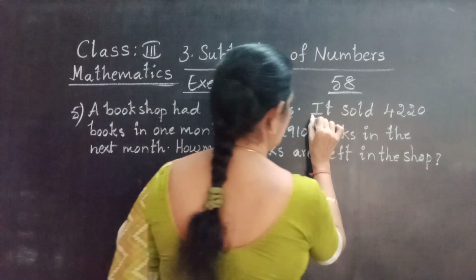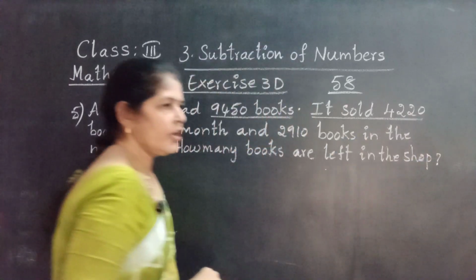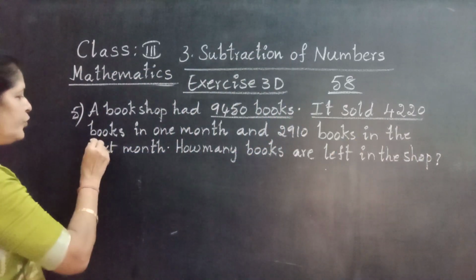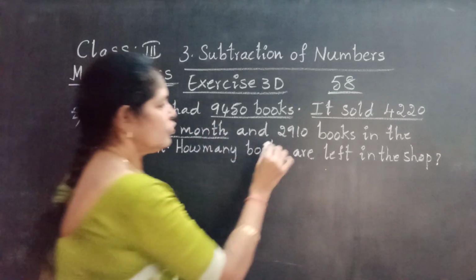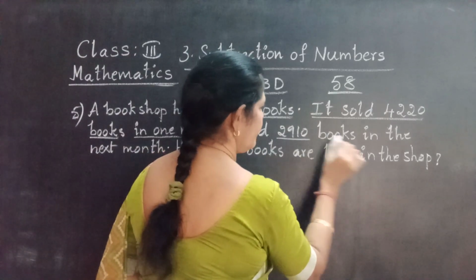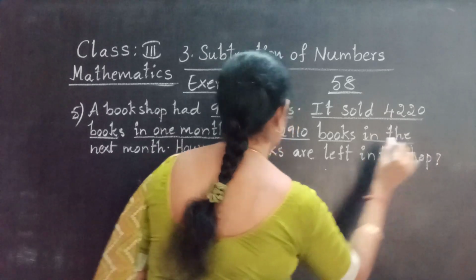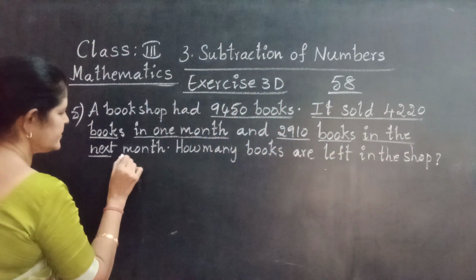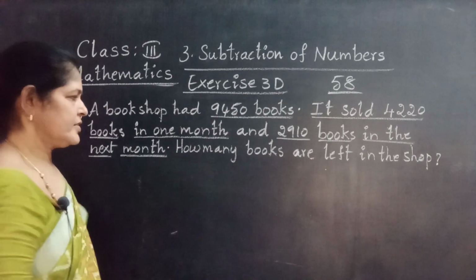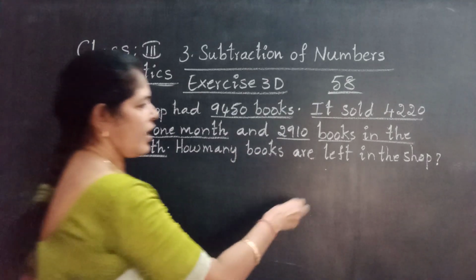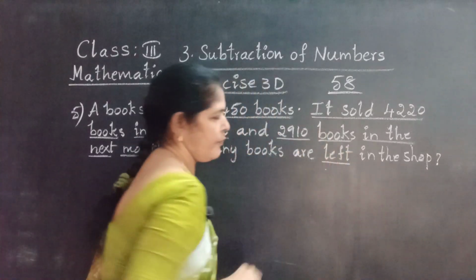It sold 4,220 books in 1 month and 2,910 books in the next month. That means the shopkeeper sold books in 2 months. How many books are left in the shop?